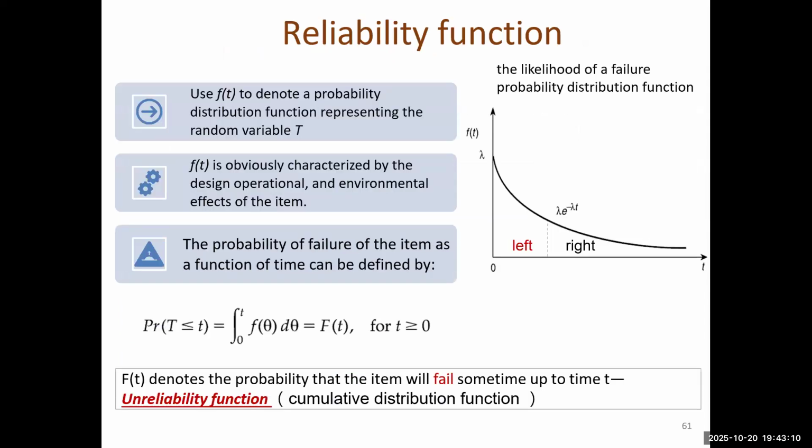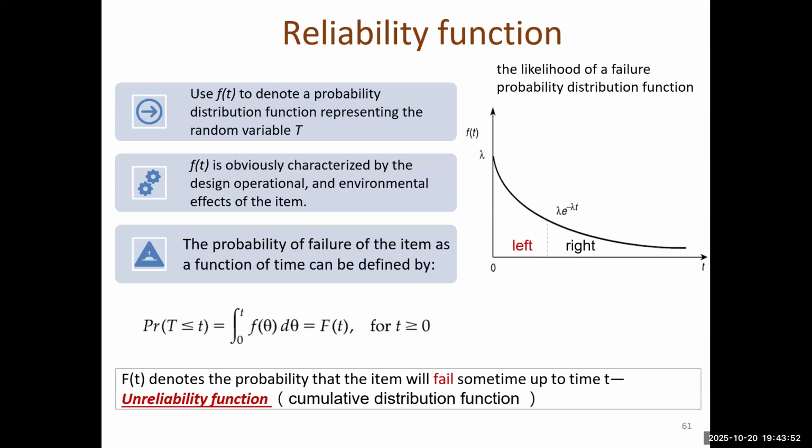The reliability function is related to the failure probability distribution function, so let's formulate it with a mathematical function. We can start with the probability density function, f(t). We can think of it as a curve that describes the likelihood of a failure occurring at any specific time t. The shape of this curve is determined by everything about the item, such as its design, how it is operated, and the environment it is in.